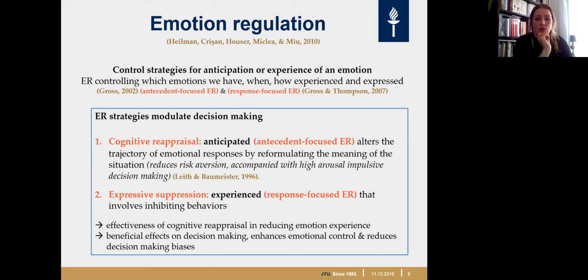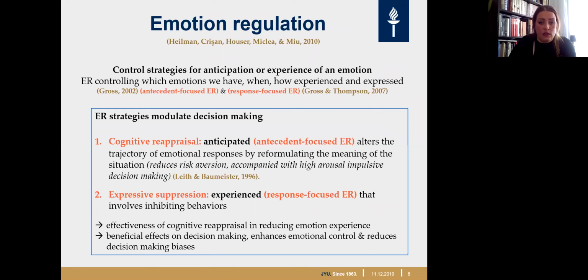and it reduces risk aversion, but it's accompanied with high arousal impulsive decision making. So it has the prominence of reducing risk aversion, but then it also leads to high arousal impulsive decision making. The other one is expressive suppression, which is response-focused emotion regulation, something that is experienced and involves inhibiting different kinds of behaviors.